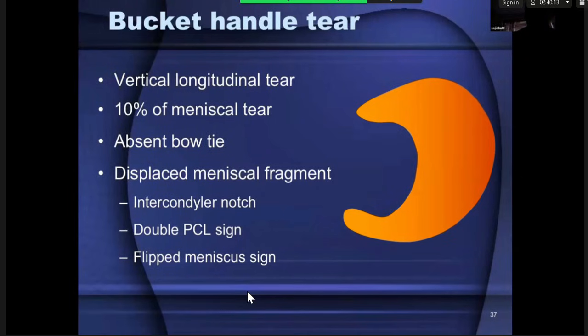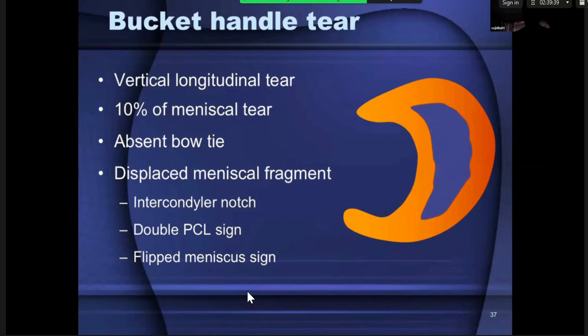A bucket handle tear is actually a large vertical longitudinal tear. 10% of meniscal tears are of this shape. Because they're large fragments, you can have bits of menisci missing, so you won't get to see the bow tie. And then you can spot the displaced meniscal fragment, which tends to get either caught up in the intercondylar notch, or can get flipped to the front or the back of the tibiofemoral joint space, resulting in a flipped meniscus.